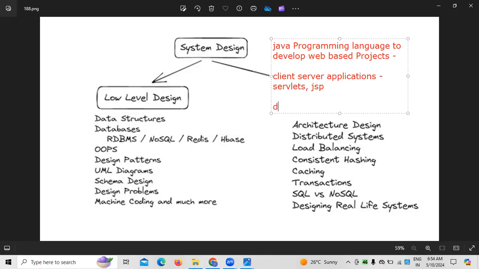Now, if it's a distributed application, there is a technology called RMI and CORBA. RMI stands for remote method invocation. CORBA earlier, because most of the Orbix related projects were developed using CORBA.